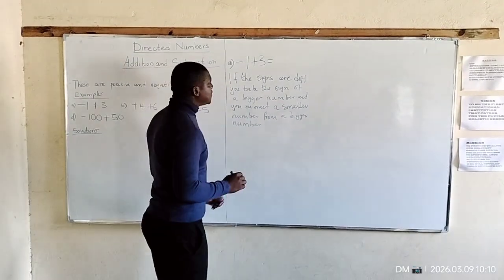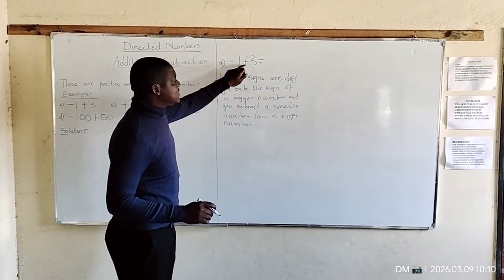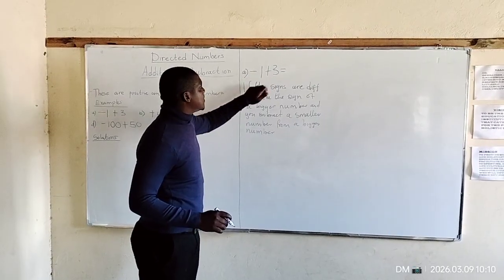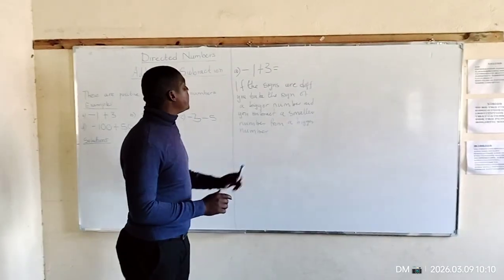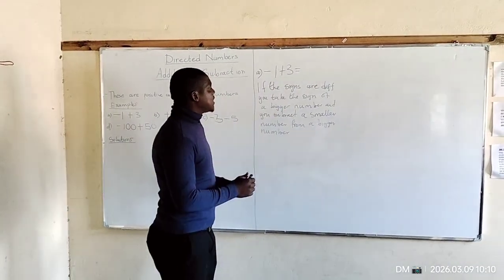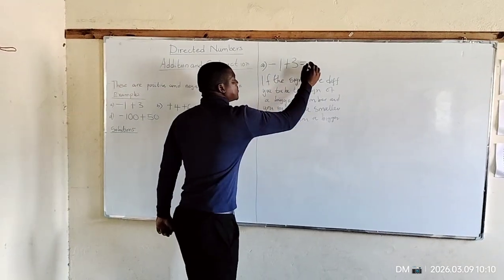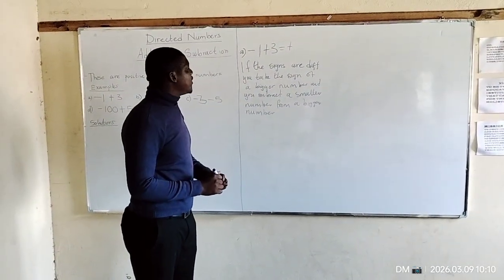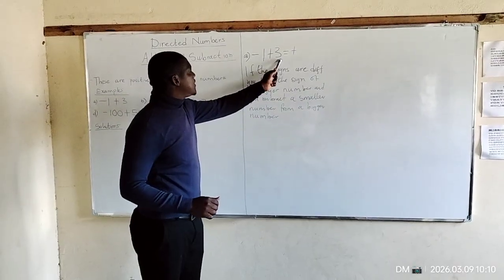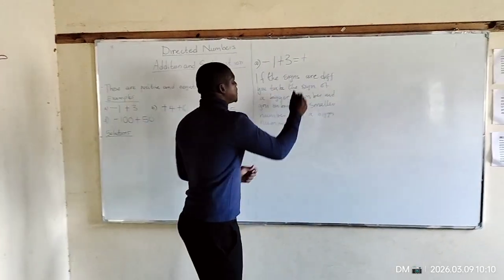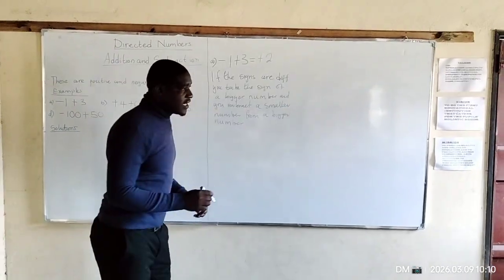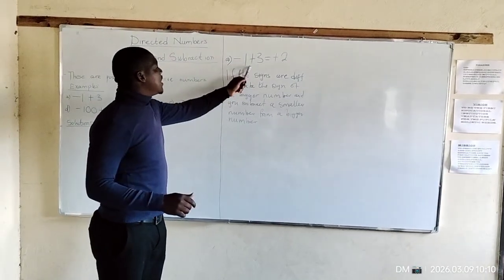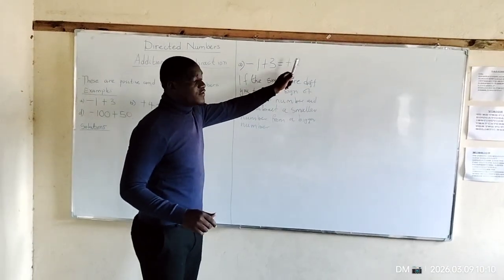What is this statement saying? If the signs are different like this, you take the sign of the bigger number. The sign of the bigger number here is positive, and we subtract the smaller number from the bigger number. We are saying 3 minus 1 gets 2. I'll explain again. Minus 1 plus 3 is positive 2.